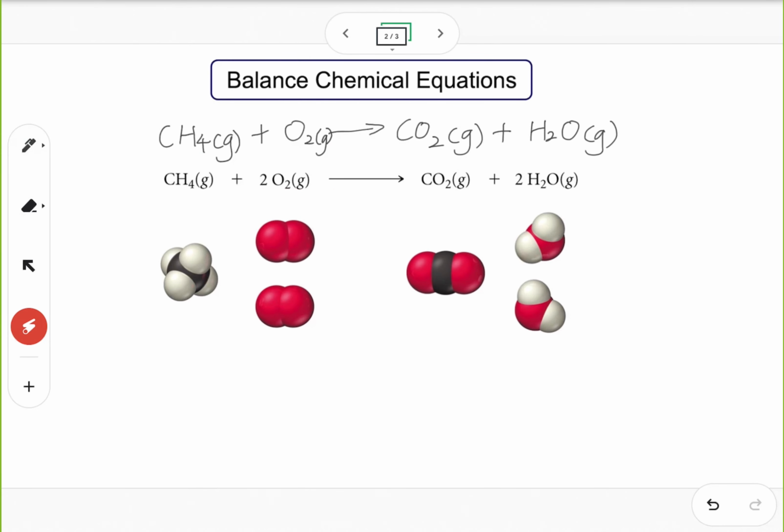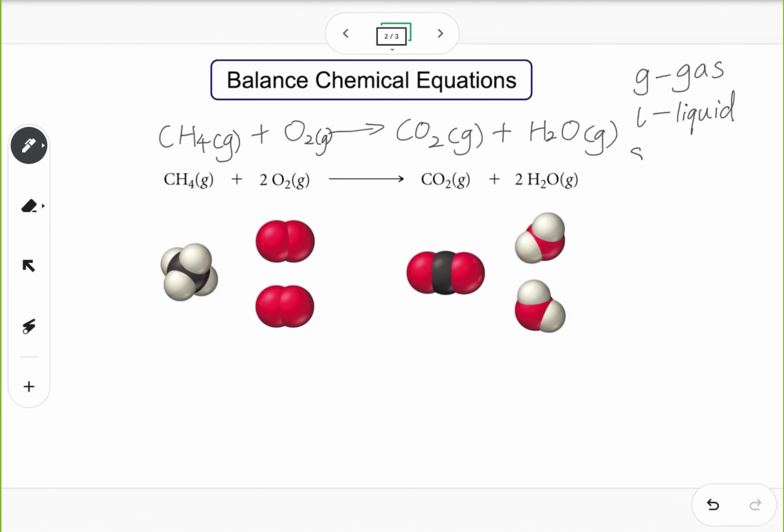Now let's talk about the letters inside the parentheses. These letters represent the states of those chemicals, or molecules. Well, I'm going to write it here. G represents gas, and L represents liquid. We don't have L in this equation, but we'll see L in the next slide.